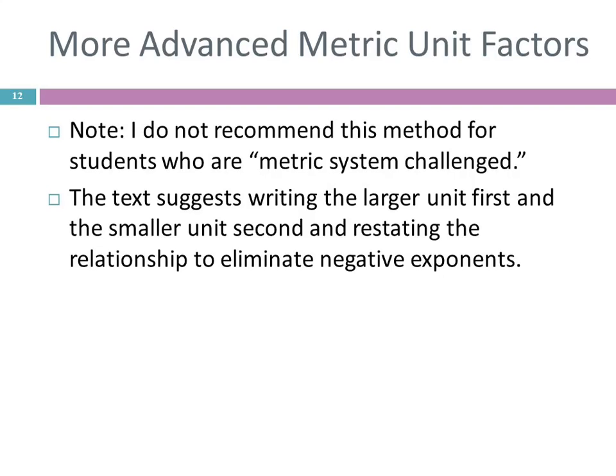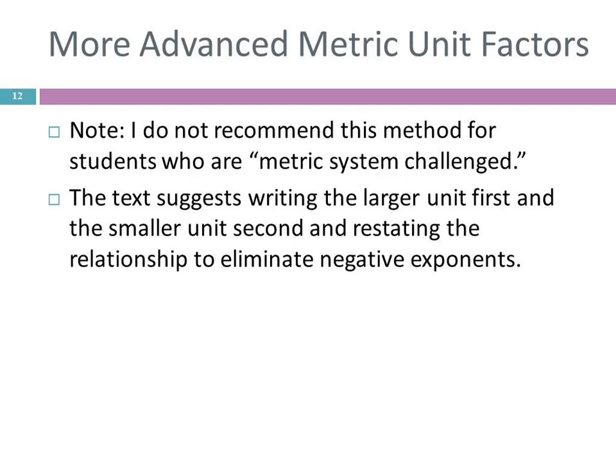If you are one of those people that has trouble with the metric system, don't do this. Plug your ears and go la la la for just a minute. The text suggests writing the larger unit first and the smaller unit second, and then restating the relationship to eliminate negative exponents. So I'm going to tell you this once, and those of you who can do this will get it, and you won't need any further instruction.